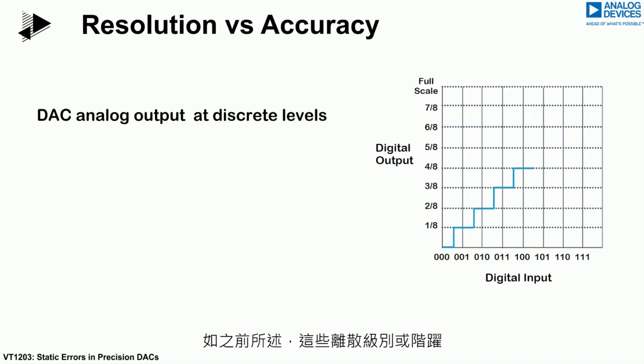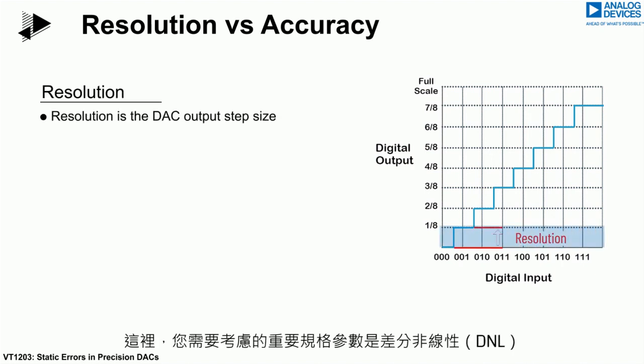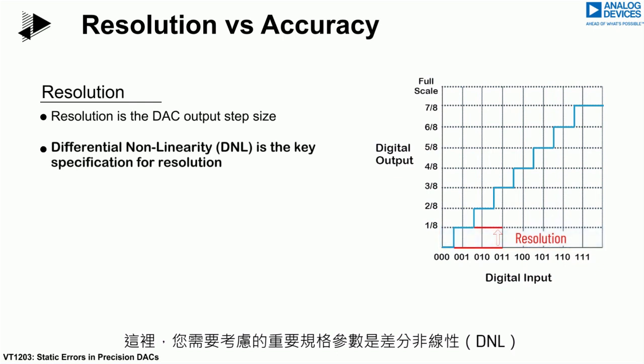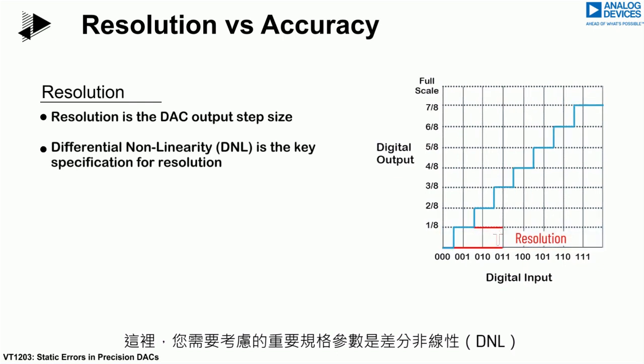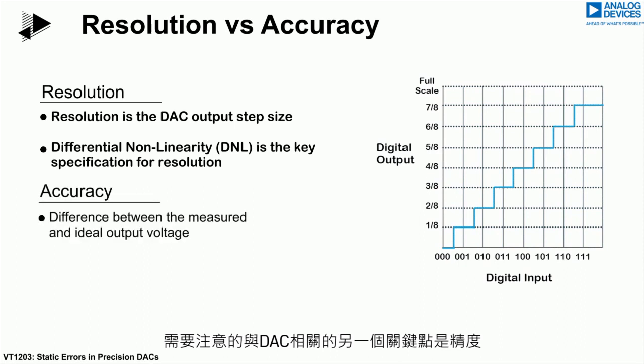As previously explained, these discrete levels, or steps, correspond to the resolution of the DAC. The key specification you need to think about here is differential non-linearity, or DNL. Another key point to note in relation to a DAC is the accuracy.